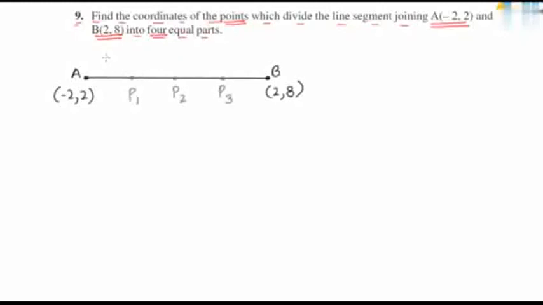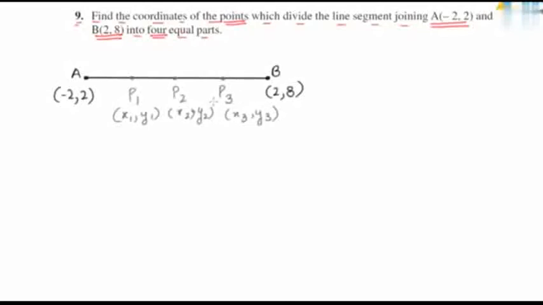So this will be the first part, this second, this third and this fourth. So to divide it into 4 equal parts, we will need 3 points. So let those 3 points be P1, P2 and P3 and the coordinates are x1, y1, x2, y2 and x3, y3. Now we have to find the coordinates of these 3 points.